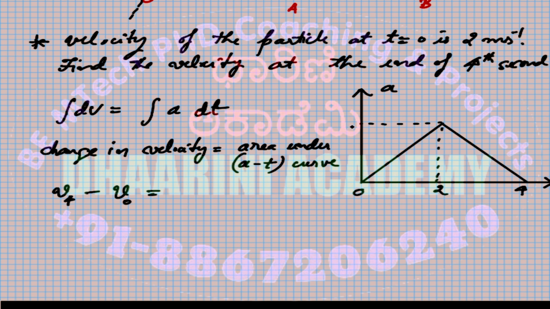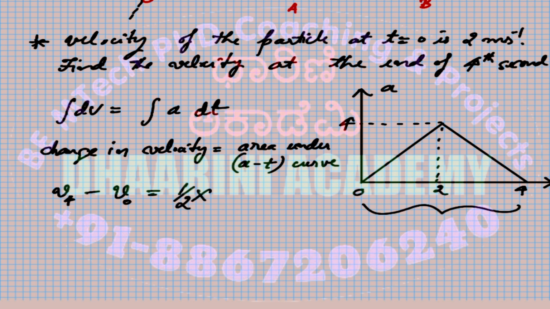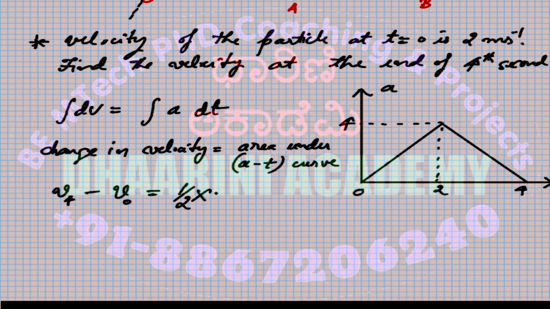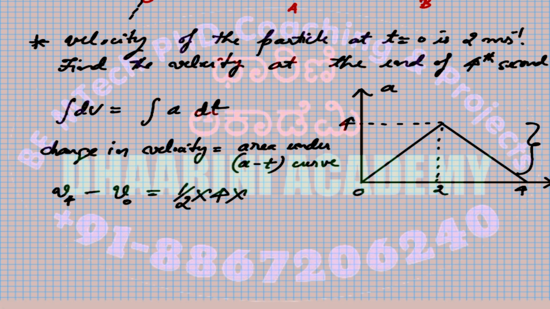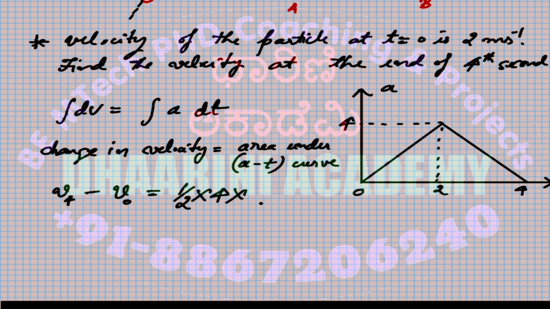In this case, they have given this as 4. So what is the total area? Half into this is the base, base is 0 to 4, so base is 4. I need to know the height. Height is this one, again 0 to 4. So the answer is half into 4 into 4.